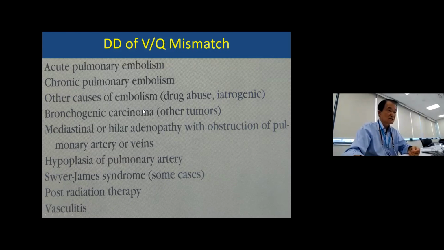So always consider intrinsic as well as extrinsic obstruction of the pulmonary arterial segment. And as I say, high probability means multiple bilateral. So if you have a unilateral large perfusion defect, that's unlikely pulmonary emboli. So what else? Then you consider either extrinsic bronchial lesion like lung cancer, etc., or pulmonary congenital hypoplasia.